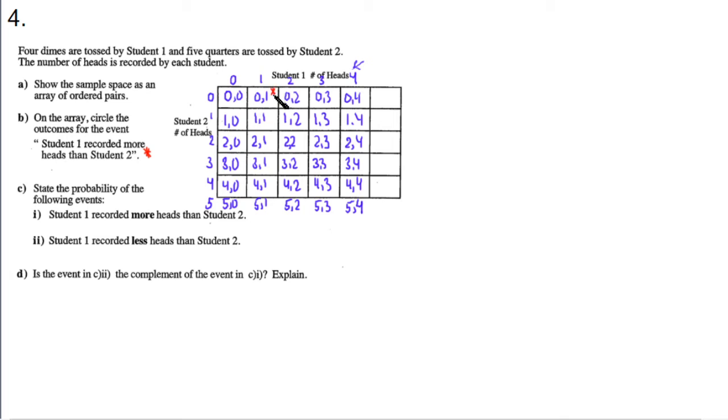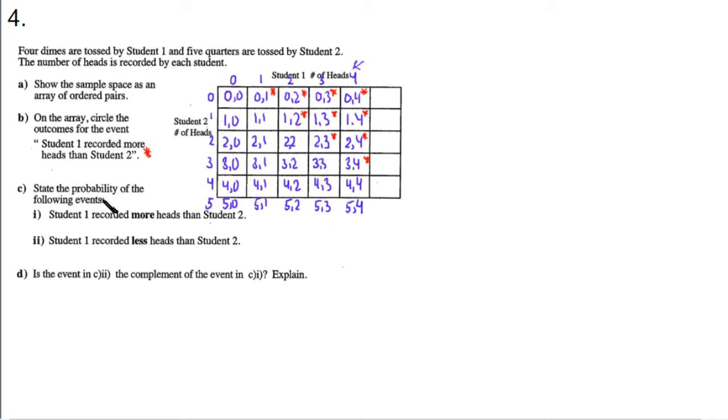So here will be an example where student 1 tossed 1 head and student 2 tossed 0 heads. And that entire row will be student 1 tossing more heads than student 2. And that's it.